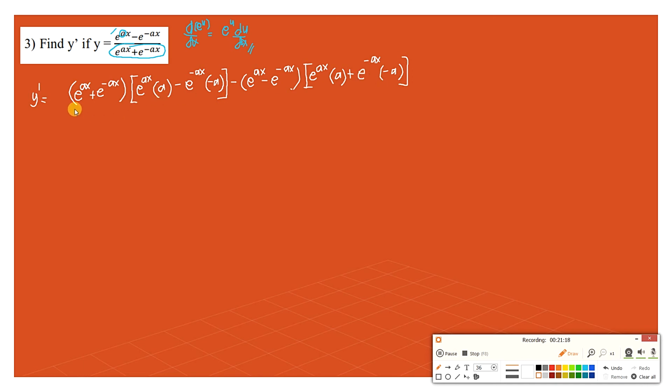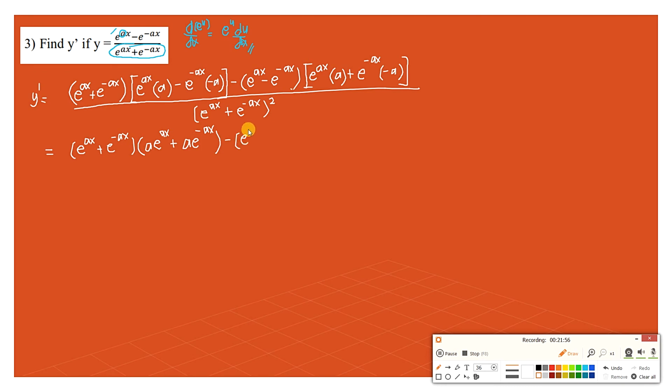Okay? Tapos, divide natin by the square of the denominator. Okay, so next is to simplify. We have e raised to ax plus e raised to negative ax. Okay, so we have a e raised to ax. Negative times negative, positive. A e raised to negative ax. So, magkaiba itong dalawa. Isang positive, isang negative.